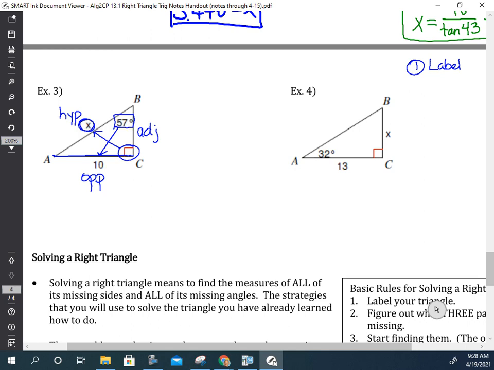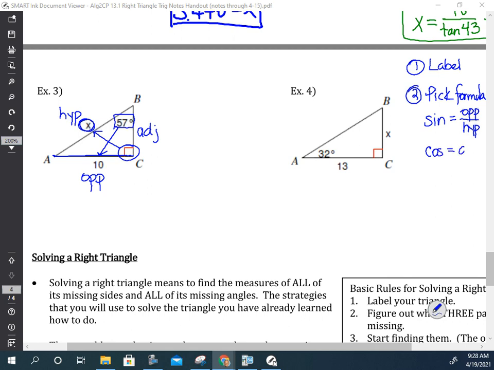Your second step is then to determine what trig function you're going to use. There's only 3 of them that you can use. So step 2 is to pick the formula. There's sine, which is opposite over hypotenuse.